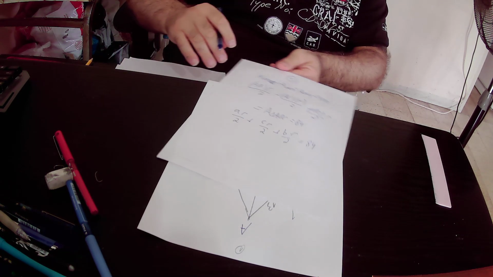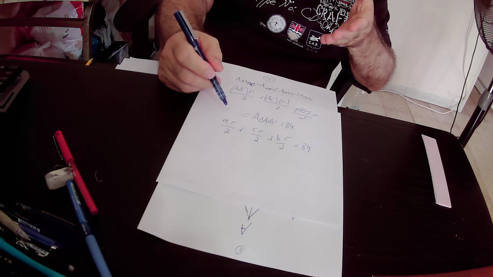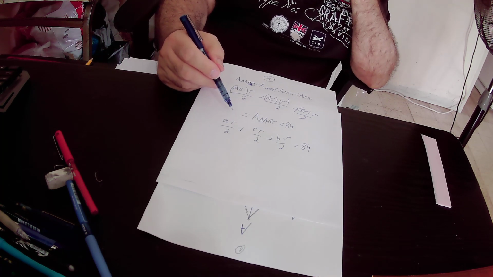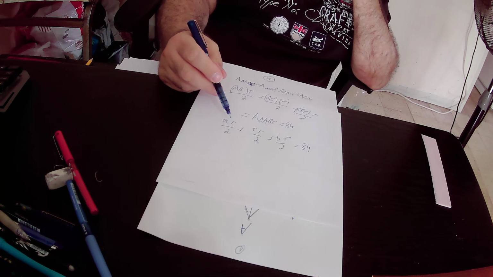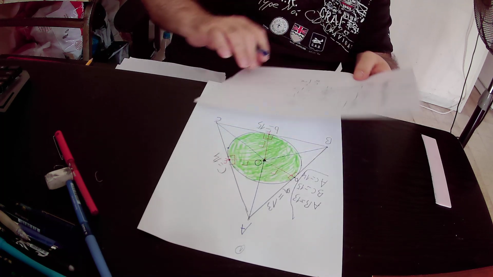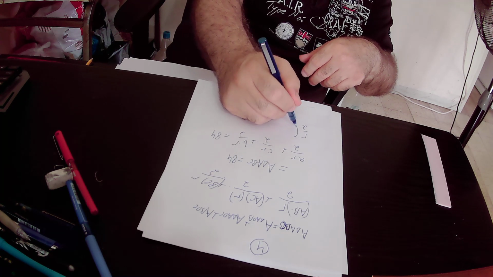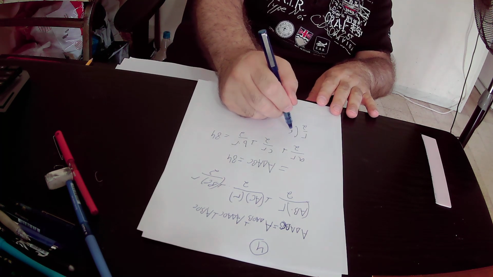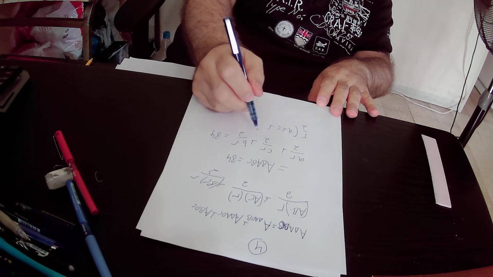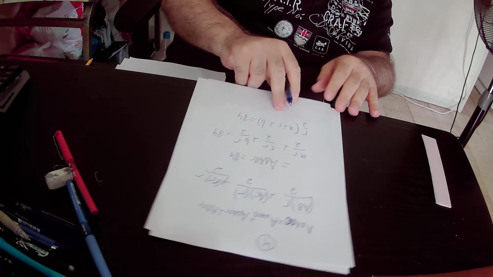So in total, the area of the big triangle ABC, that is 84, equals the areas of the three small triangles. Here we can take a common factor of R over 2 out of this expression, and in the brackets we will have A plus C plus B equals 84.